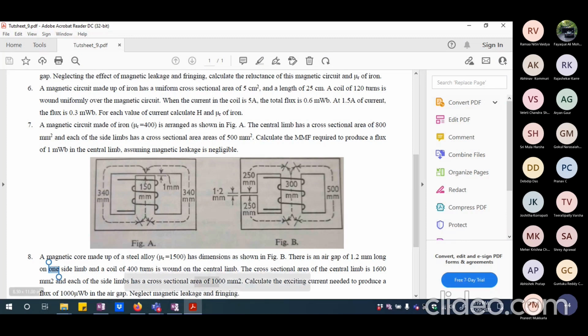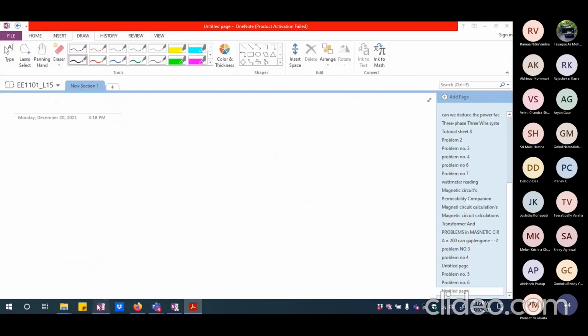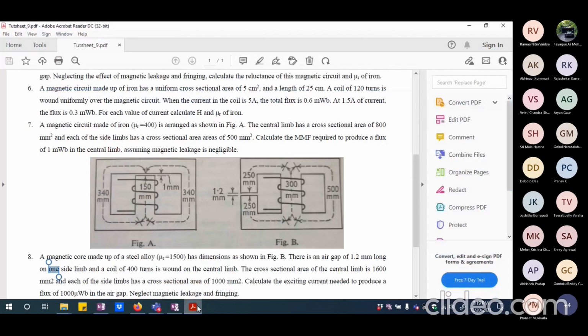So let us try to draw the equivalent magnetic circuit for this. What you would see is that here is the MMF, which is from the central limb. And I'm going to have one as reluctance of iron, and another one as reluctance of air gap, along with the wound coil. If you look at the overall figure, you do have a wound coil here.